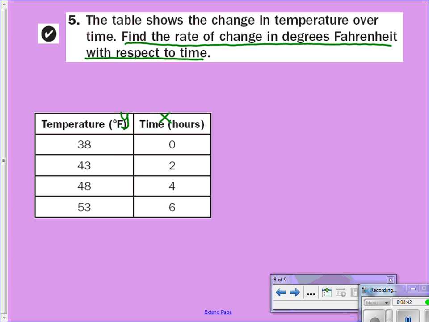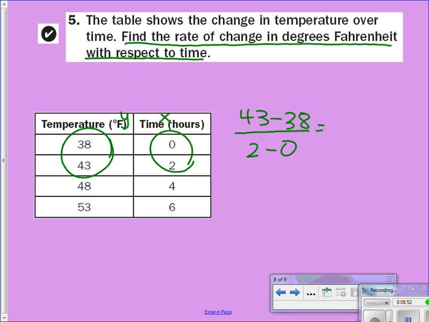So our change in y, 43 minus 38, and my change in x, 2 minus 0, that would give me, pardon my subtraction in my head, that would give me 5 over 2.